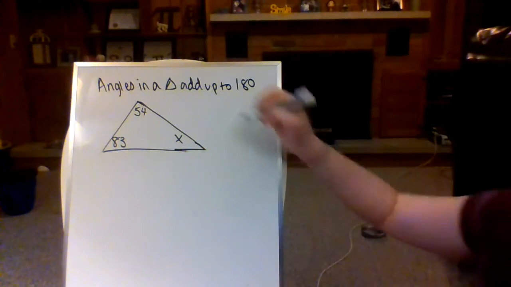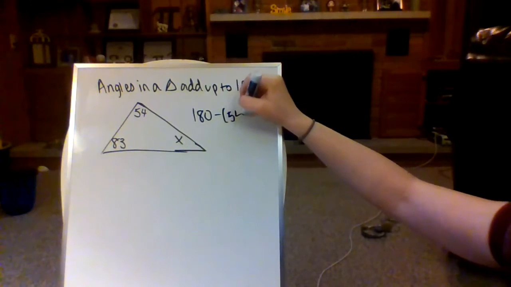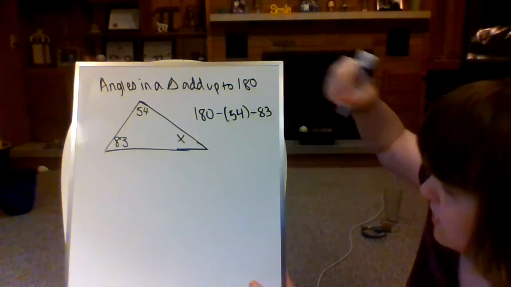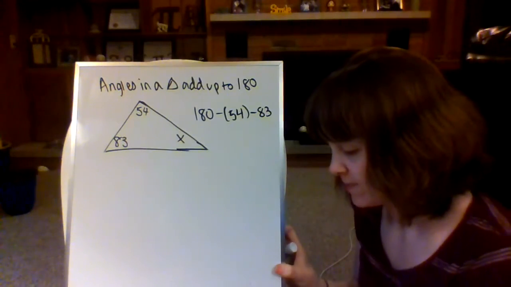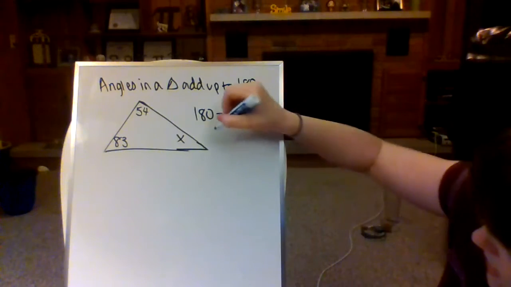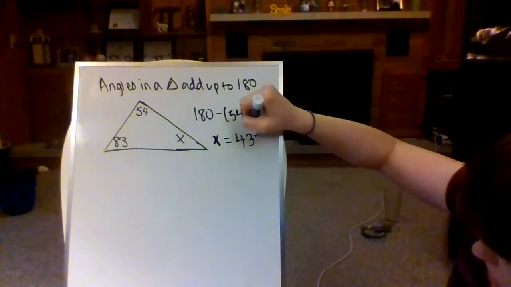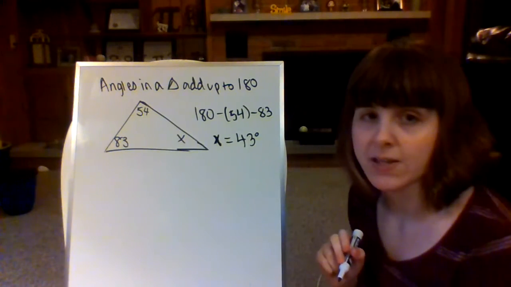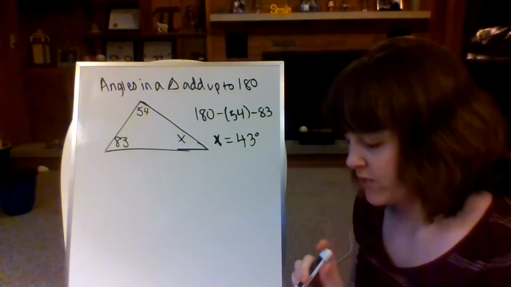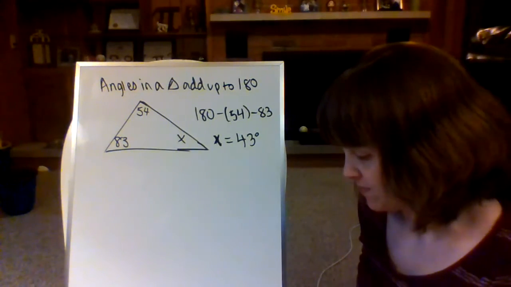So to find x, we're going to take 180 and subtract 54, and then subtract 83. If you do that, we should be left with 43 degrees. So x is going to equal 43 degrees. If you have 2 angles in the triangle and you're trying to find the third, you take 180 minus those 2 angles, and that's the answer.